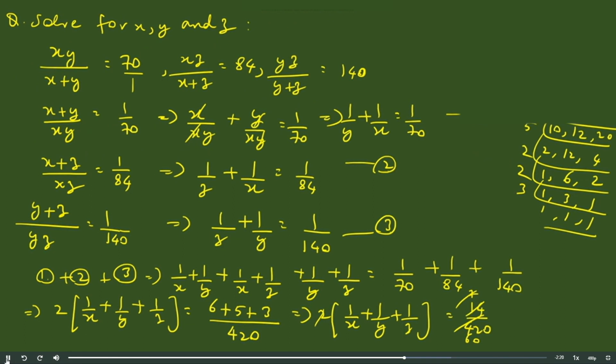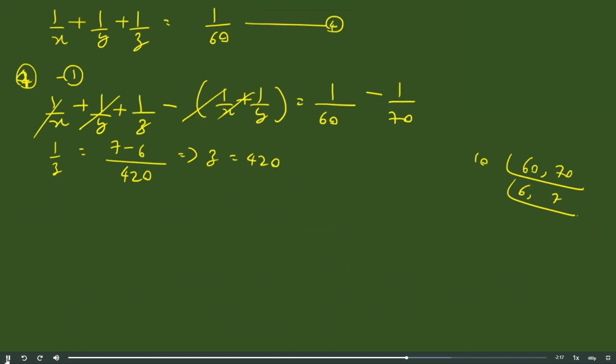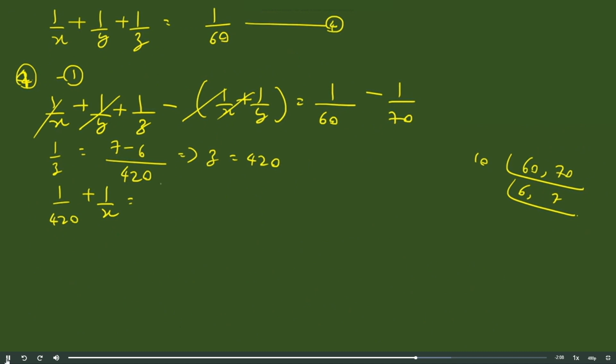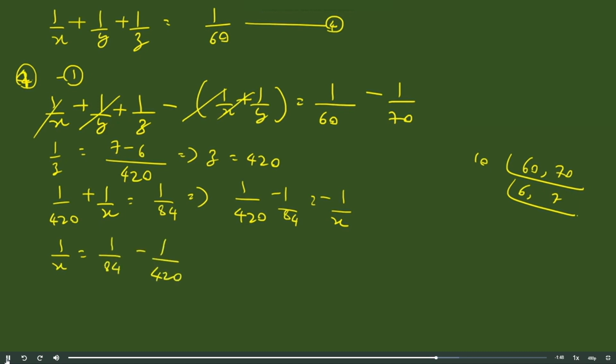Come to the second equation. 1 by z plus 1 by x is equal to 1 by 84. 1 by 420 minus 1 by 84 is equal to minus 1 by x. 1 by x is equal to 1 by 84 minus 1 by 420.